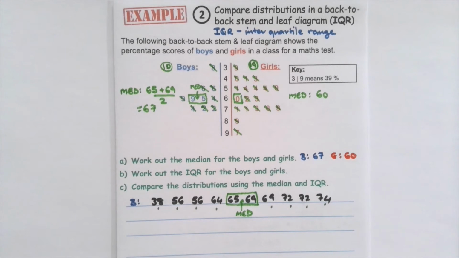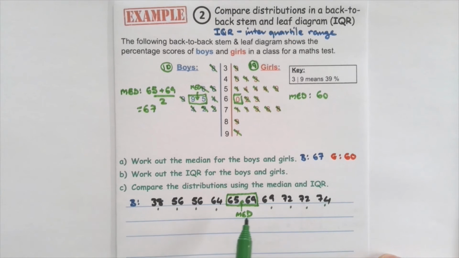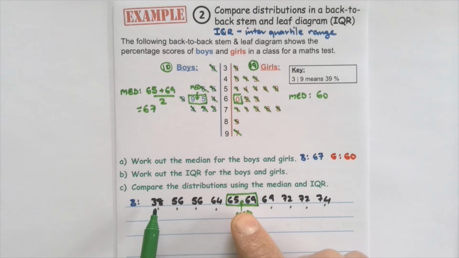So what we're going to do to find the interquartile range is find the lower quartile, which is the lower 25%, and the upper quartile, which is the upper 25%, or the 75% mark, if you want to think about it that way. And the interquartile range is the difference between the two. Or to put it in other ways, if the median is the halfway mark, that's the 50%. So if I split that 50% in half, I'll get 25% and 25%, right? Which is kind of what I want.